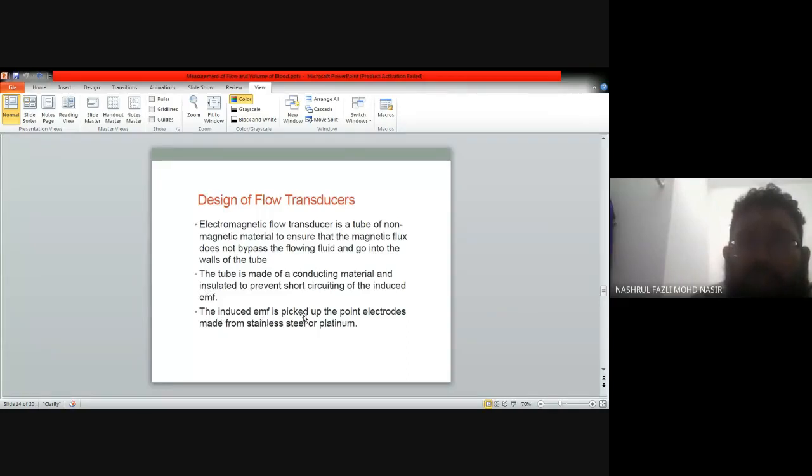If you want more of a feel for this, please go read. The induced EMF is picked up by point electrodes, usually made from stainless steel or platinum. Stainless steel is a good electrode, but platinum is much better actually.